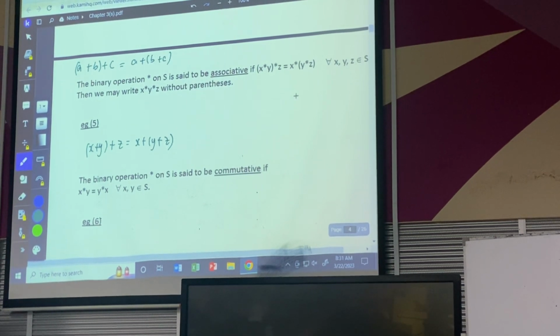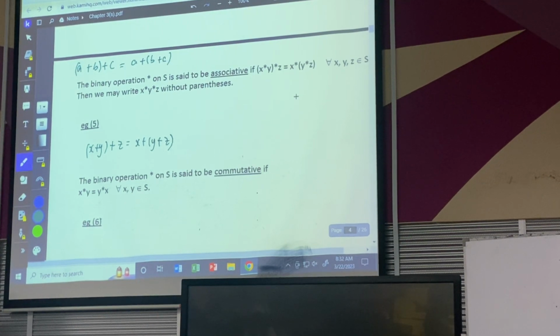Do you have any other operator that is associative, besides plus? Is minus associative or not?